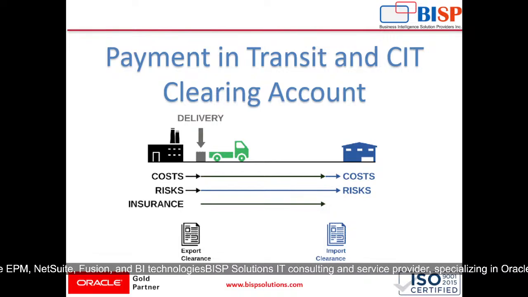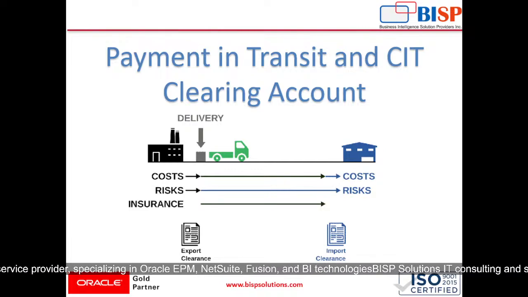Okay. And if we are depositing the CIT, then the bank account will be debiting because the amount is deposited, and it also increased our bank account, and crediting the CIT clearing amount because the amount is deposited.